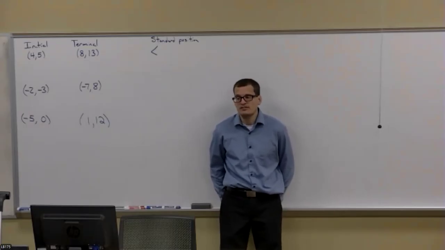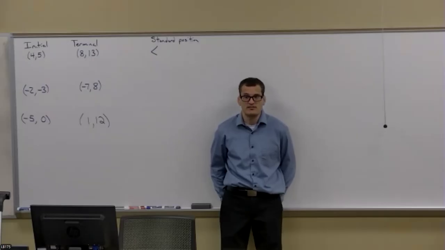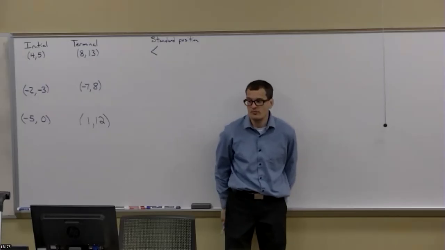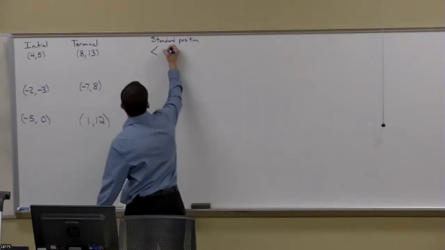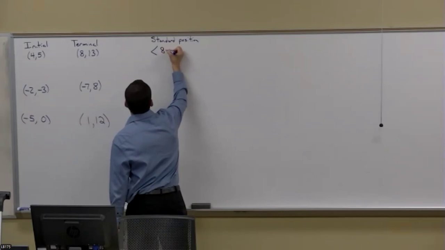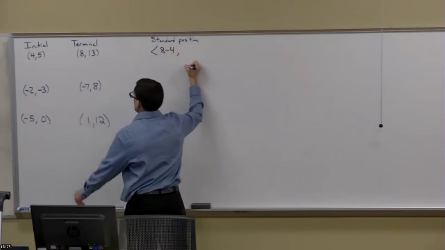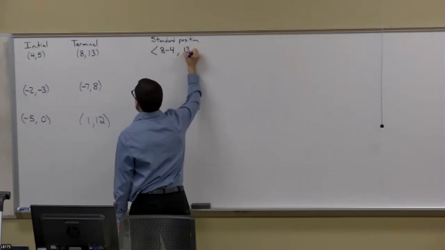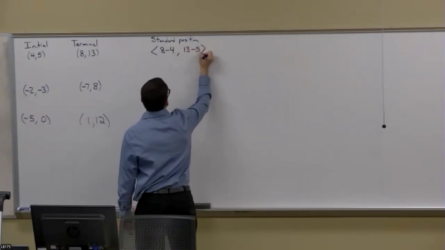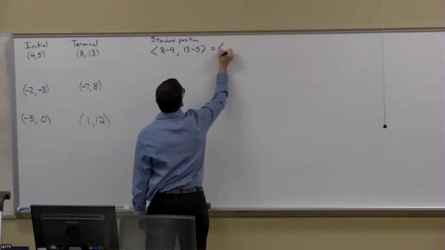When you subtract, you've got to do the terminal value minus the initial value. Does that make sense? Terminal minus initial. So in this case, 8 minus 4 for the change in the X values, and 13 minus 5 as the change in the Y values.